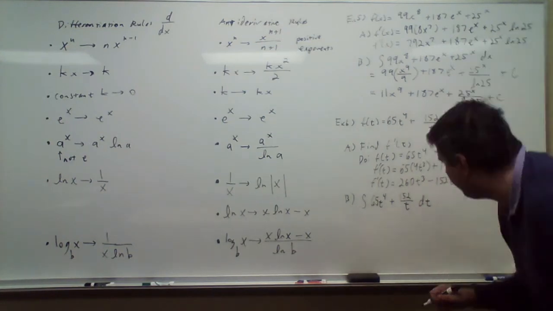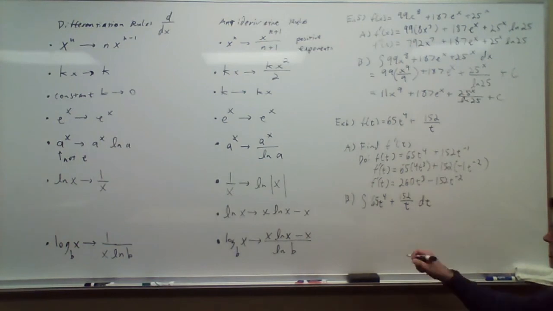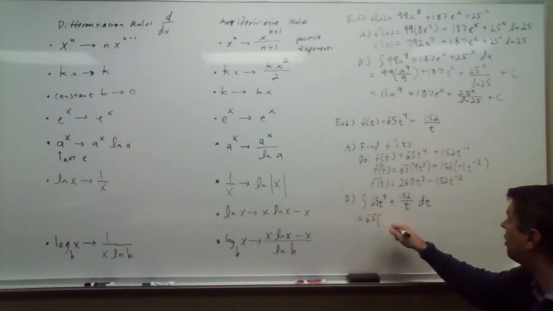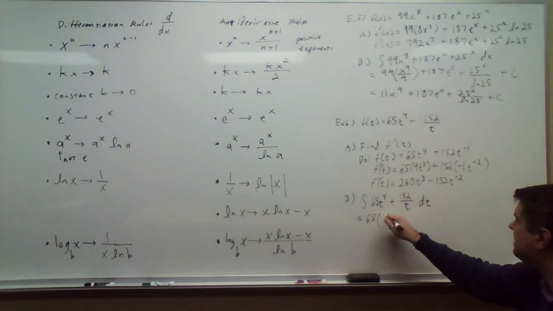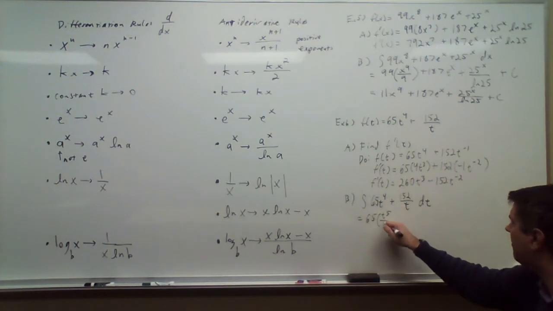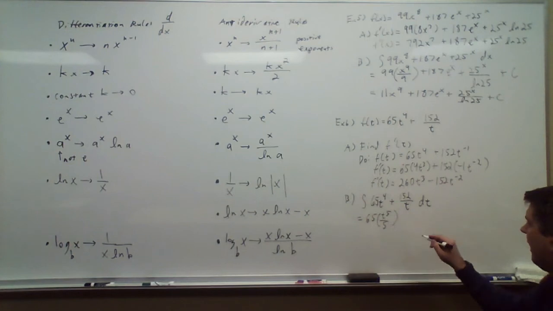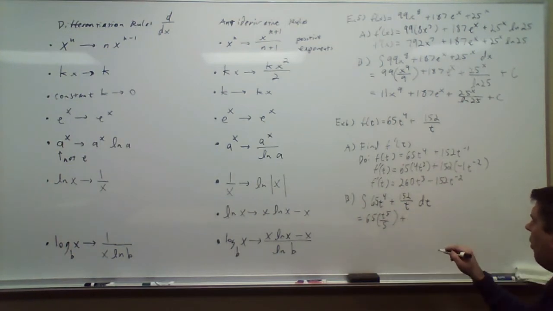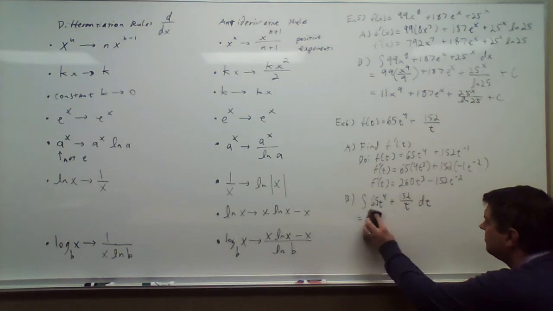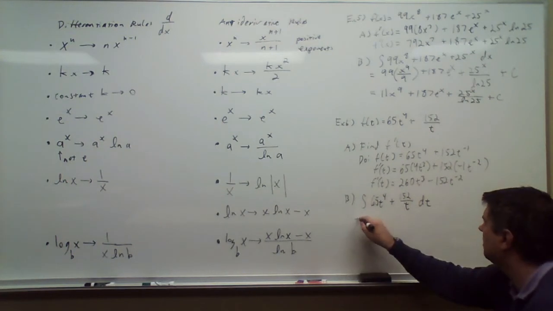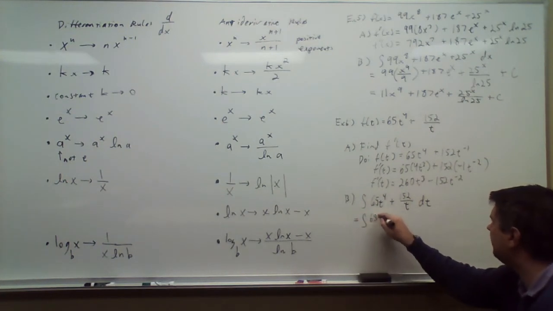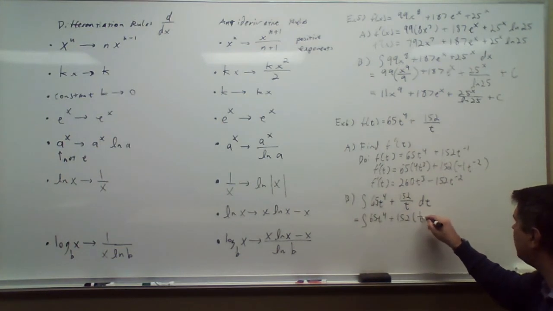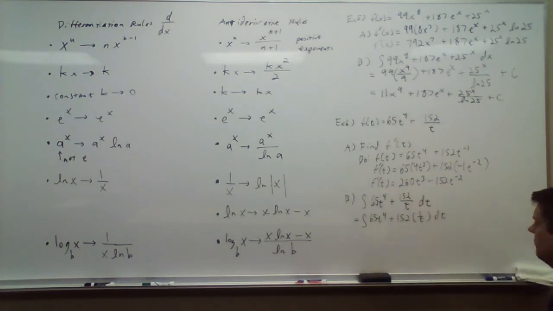Now down here, we'll follow the antiderivative rules on this side. So this will be 65, and we're going up from t to the 4th to t to the 5th, and we're putting a new power on the bottom as a denominator. I should probably rewrite this. So this is going to be the integral of 65t to the 4th plus 152 times 1 over t dt.